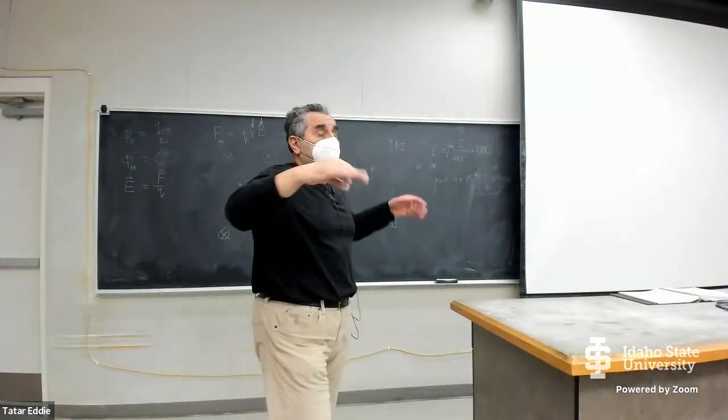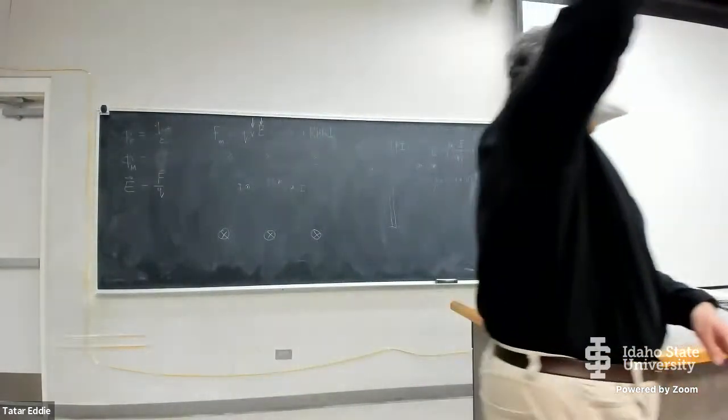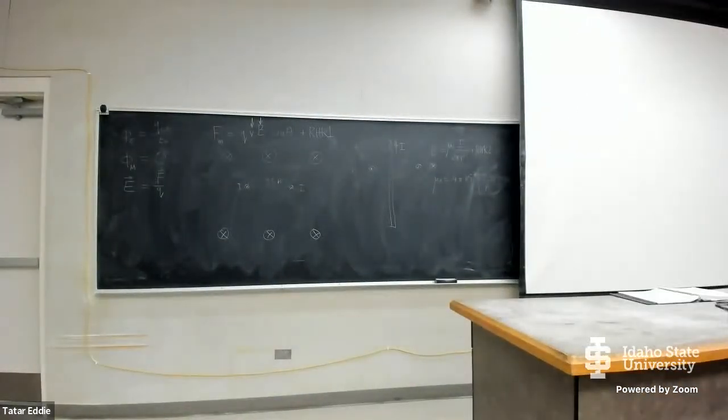So currents flowing along straight pieces of wire are everywhere around us. So here, behind the wall, you have some current flowing and feeding the lights. So at any moment, we have a magnetic field created by this current.